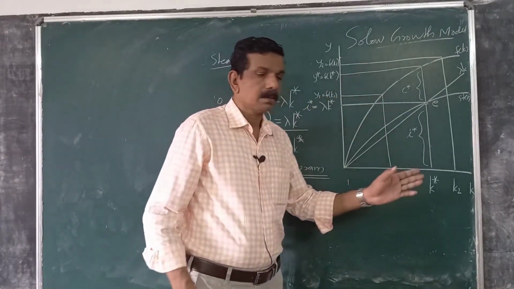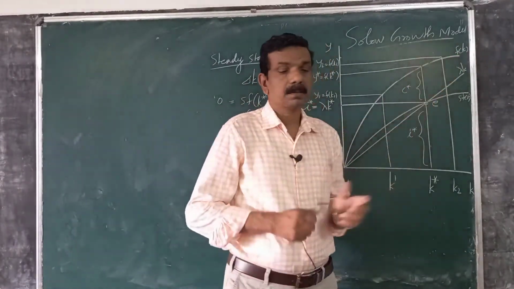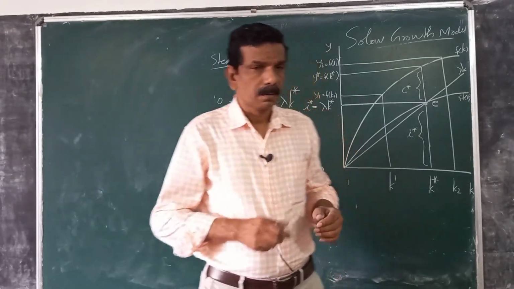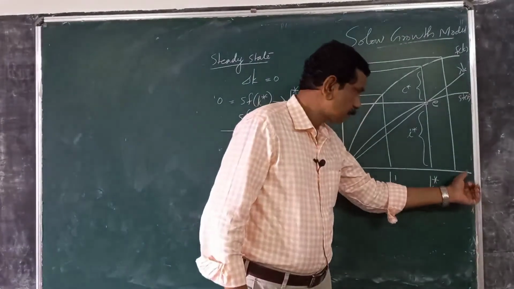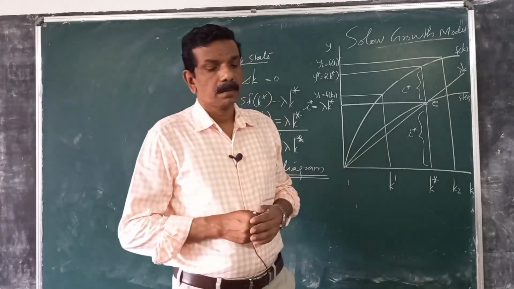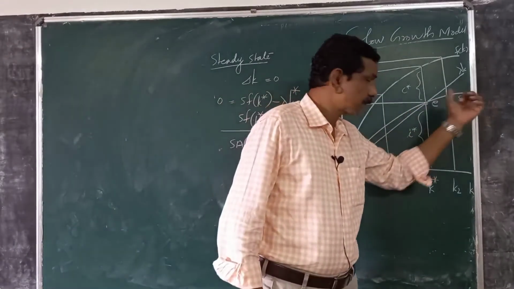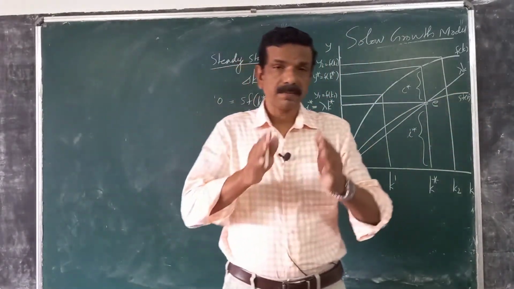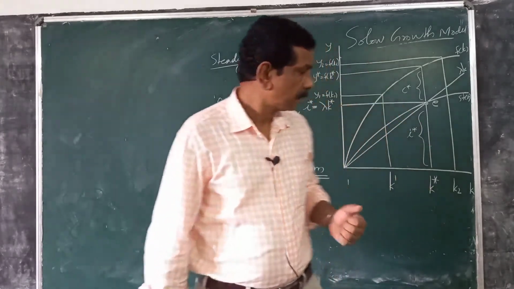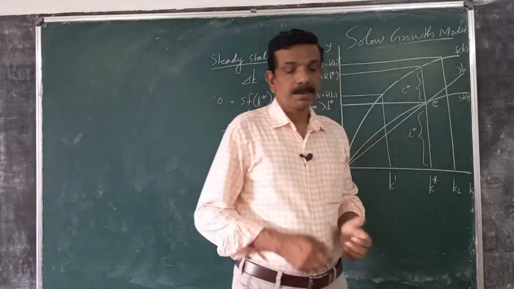Here, F of k is the production function, and this production function shows, for any level of k by L, the corresponding output per worker. That is something which we have considered earlier. And S of k shows the corresponding savings or investment associated with any level of k by L ratio, and lambda k is the associated depreciation per worker.